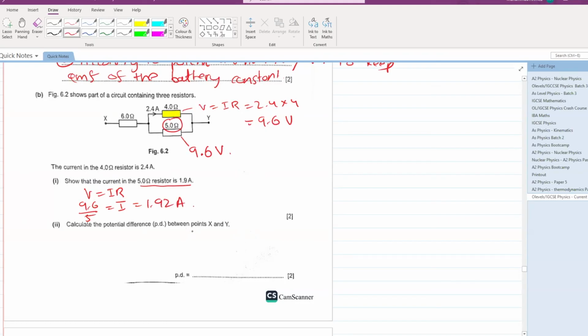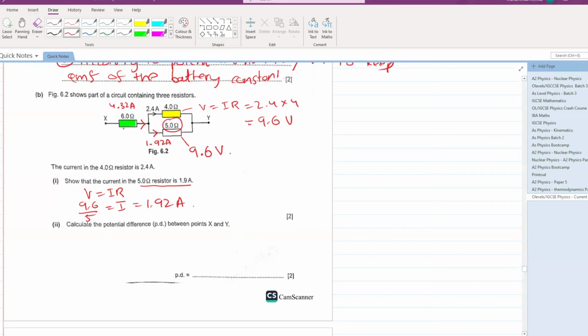Calculate the potential difference between X and Y. You have to calculate the total potential difference between X and Y. This was 1.92 ampere, this is 2.4 amperes. What will be the combined current here? 1.92 plus 2.4 comes out to be 4.32 ampere. So the current in this green resistor is 4.32 ampere.